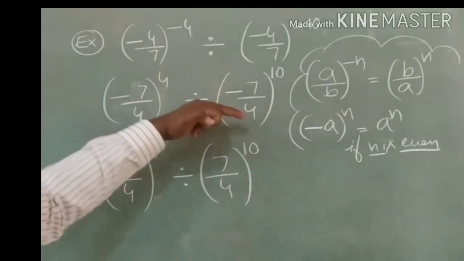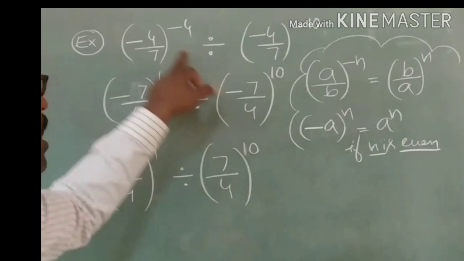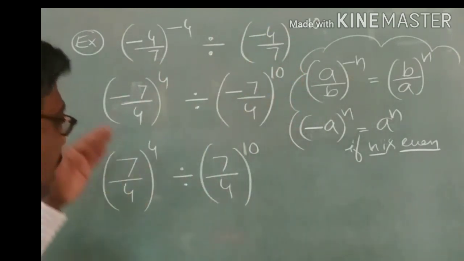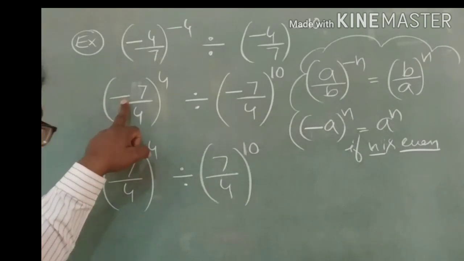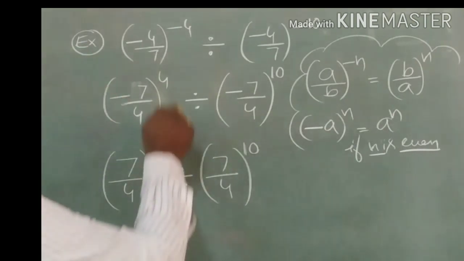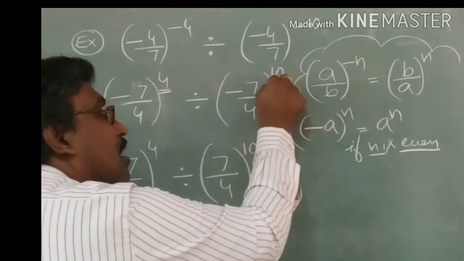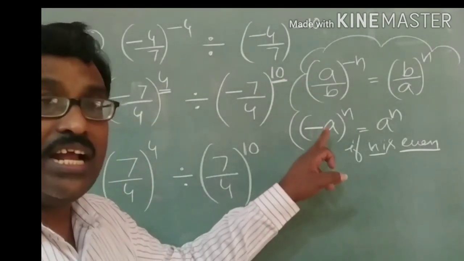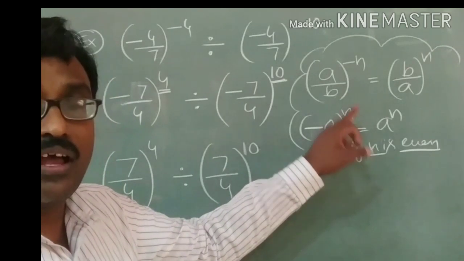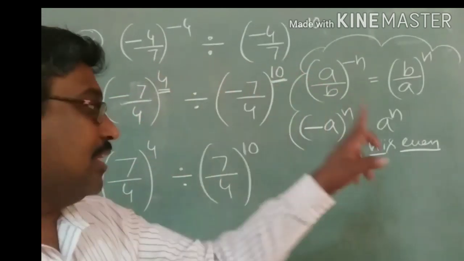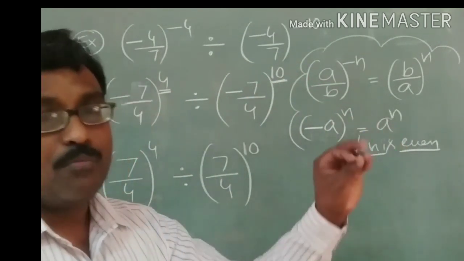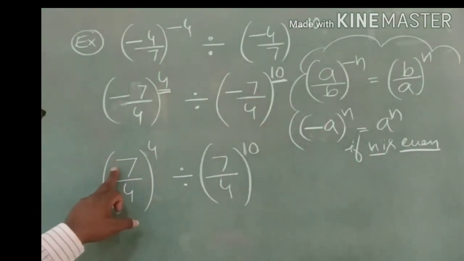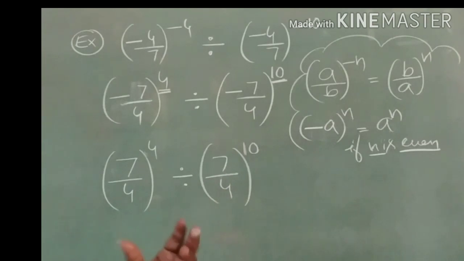So I wrote 7 by 4 and 7 by 4. Now the powers become positive. In the next step I eliminated this minus also, because I observed both the powers are even numbers. If a negative quantity is raised to an even power, then the quantity will become positive. So now it becomes plus 7 by 4 and it is also plus 7 by 4.